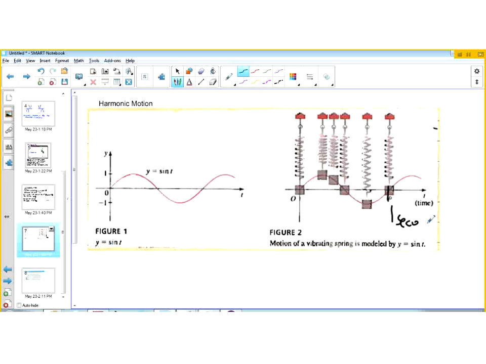So in 1 second, we have the completion of 1 cycle of the harmonic motion before it starts repeating itself again.